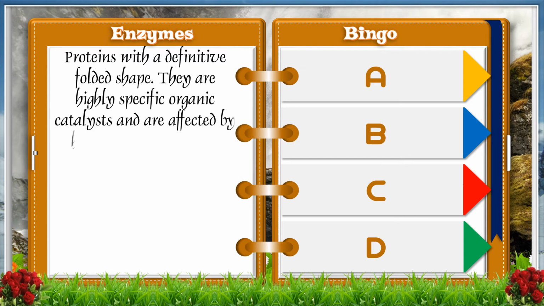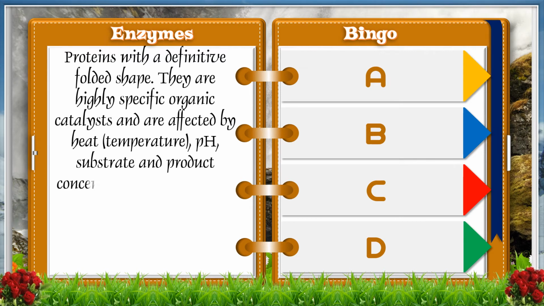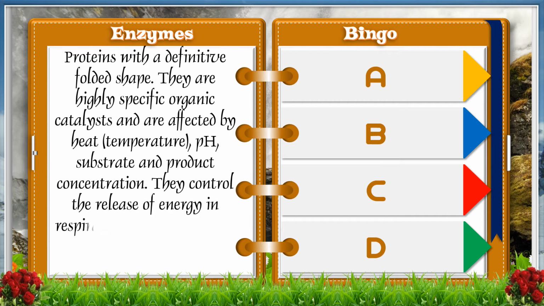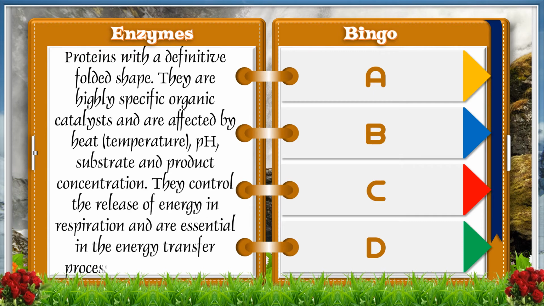Proteins with a definitive folded shape. They are highly specific organic catalysts and are affected by heat or temperature, pH, substrate, and product concentration. They control the release of energy in respiration and are essential in the energy transfer process of photosynthesis.